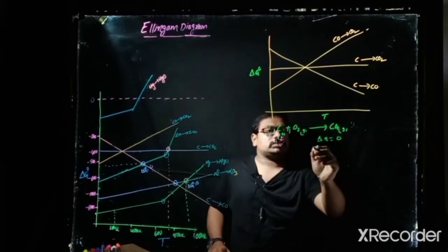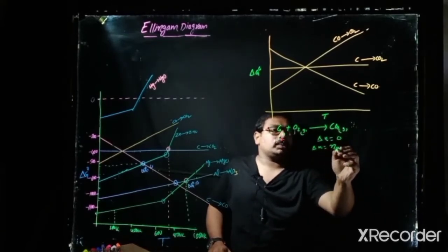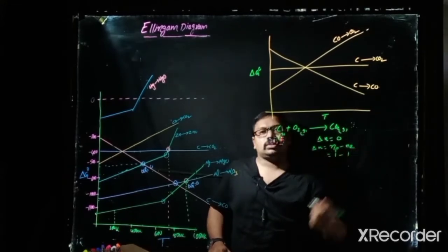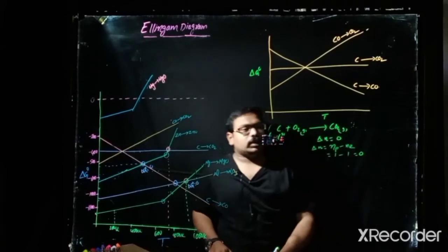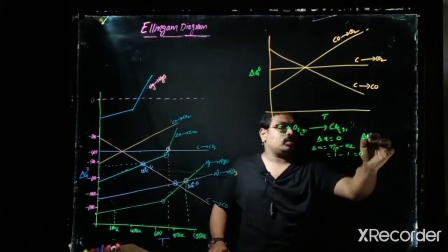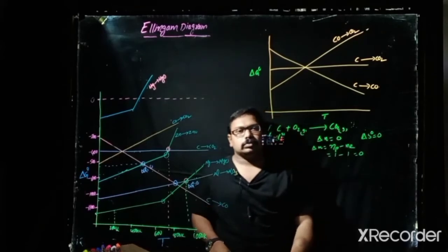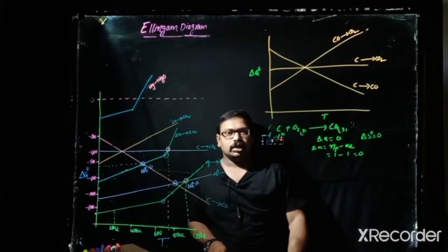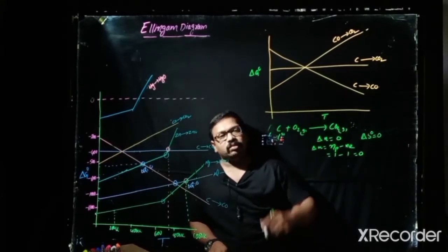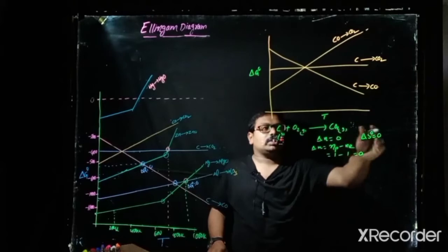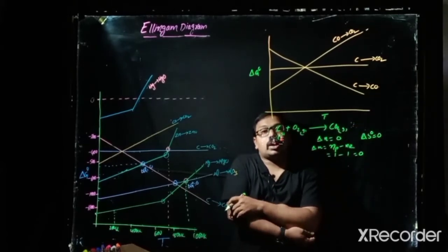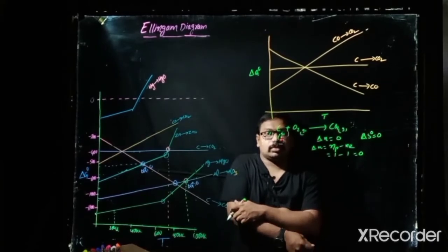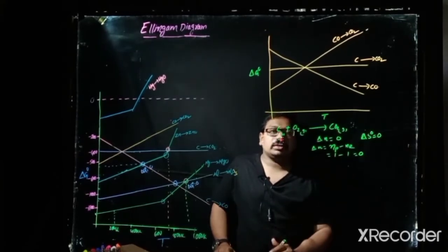Delta n means product moles minus reactant moles, so 1 minus 1 gives 0. Delta n of 0 means the change in entropy will be 0, even at low temperature and even at high temperature. So the standard Gibbs free energy value does not change. It is not increasing, it is not decreasing.